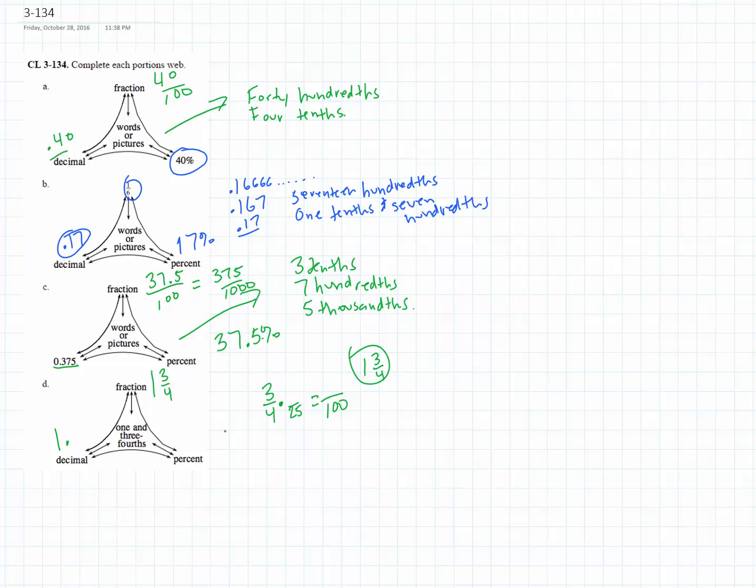So we have to multiply 3 by 25 also, and again, that's the giant ones. So 3 times 25 is 75. So we have 75 hundredths. So it's going to be 1 and 75 hundredths. Okay, as far as a percent, we have the 100 and then the 75%. So 175%.